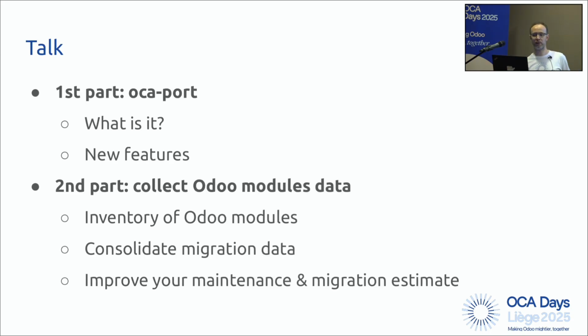So the first part of this talk will be about oca-port, what it is, the new features that has been introduced since my last talk 2 years ago about this tool. And the second part of this talk will be about collecting Odoo modules data to do an inventory of Odoo modules across all Odoo ecosystem, and to consolidate this migration data, and then to improve your maintenance and migration estimate.